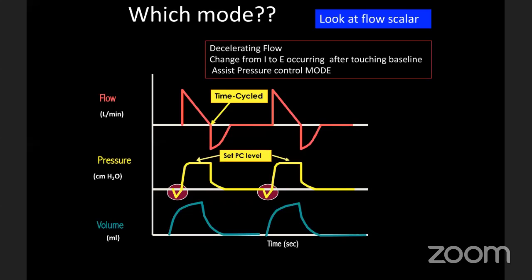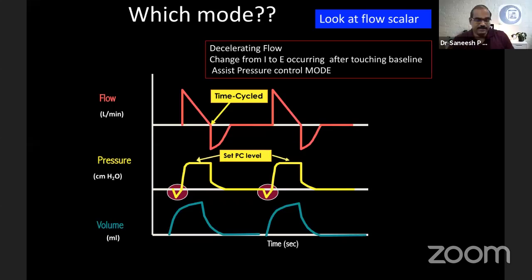So breaths, there can be different type. Mandatory means machine initiates, machine limits, machine cycles. Assisted means patient initiates, but either machine or patient can cycle. In fully spontaneous, patient starts, patient triggers, patient limits, patient cycles.